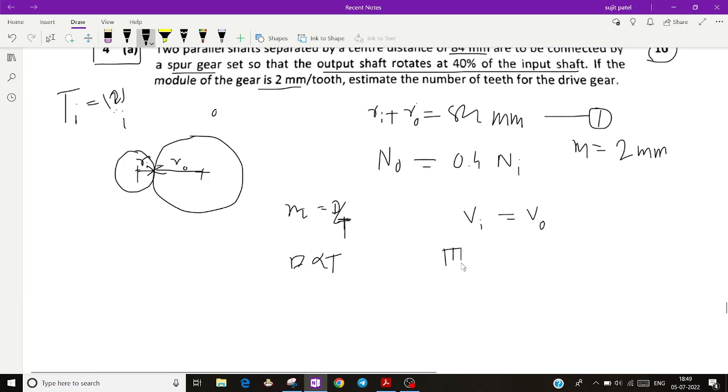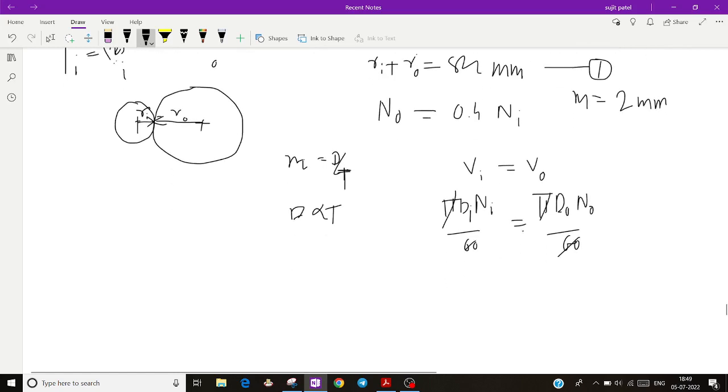Linear velocity of input gear is given by pi Di Ni divided by 60, equal to pi Do No by 60. Pi by 60 will cancel out.